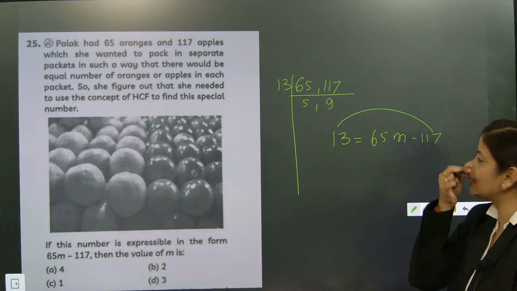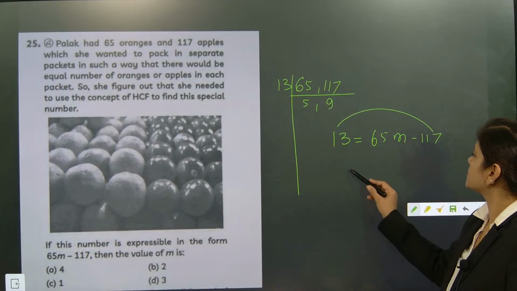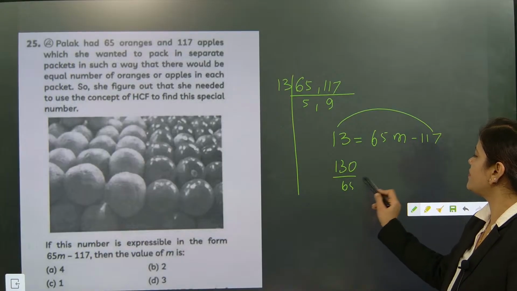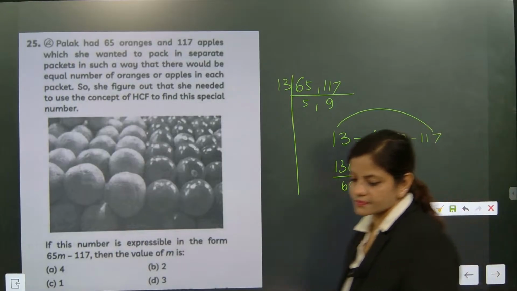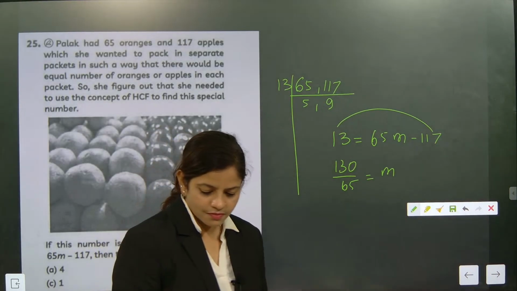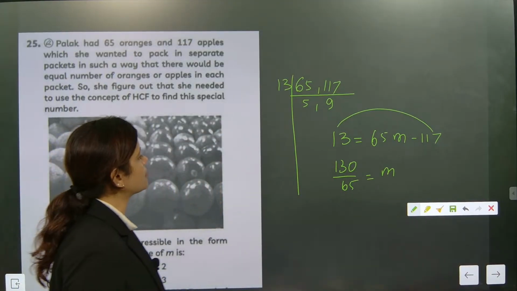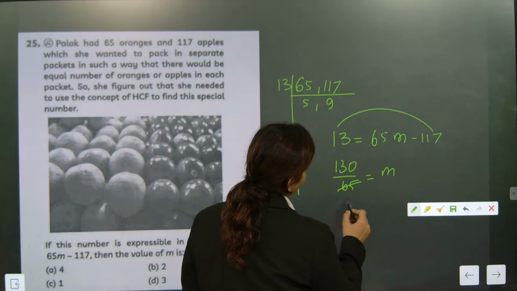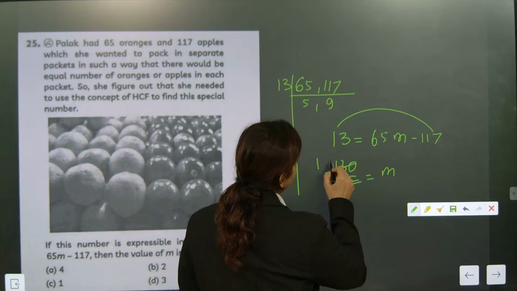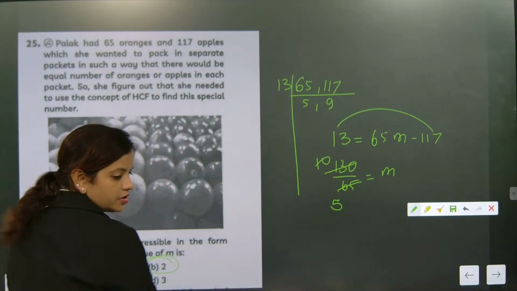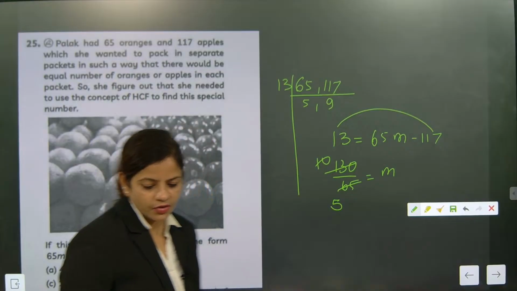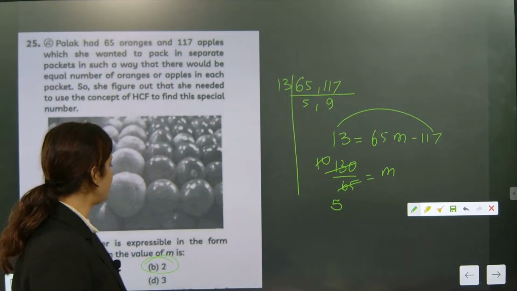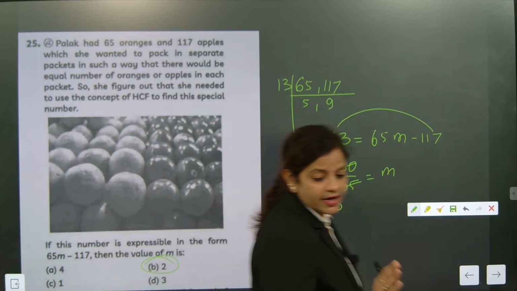How much will it come? 130 by 65 is equal to m. 13 fives are 65 and 10. So m is equal to 2 coming. Very good. m is equal to 2 coming. That's a correct answer. I hope all the students are seeing that part. We just have to do HCF.